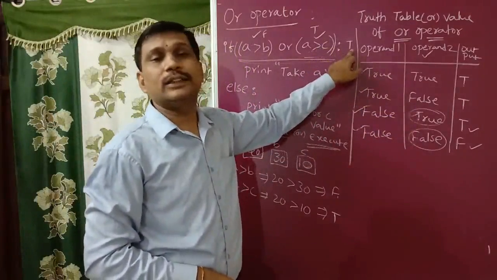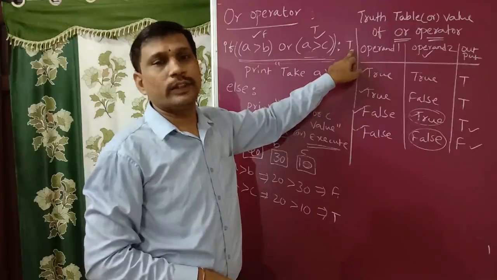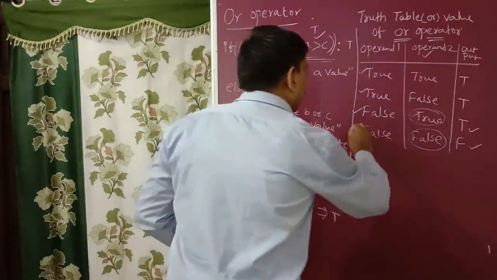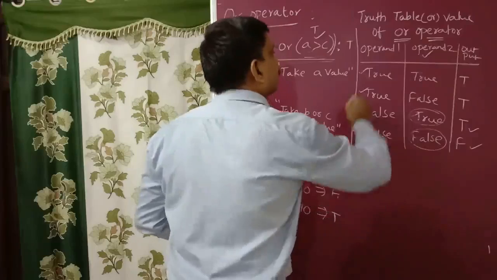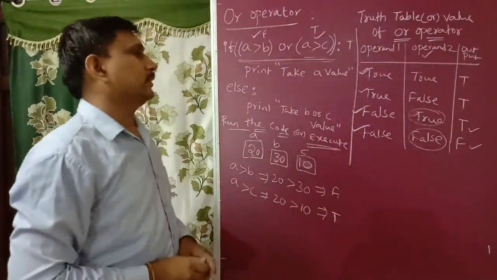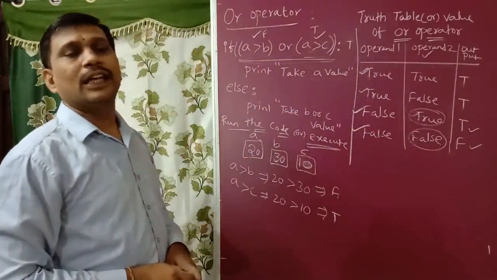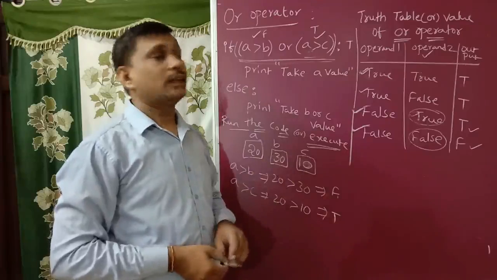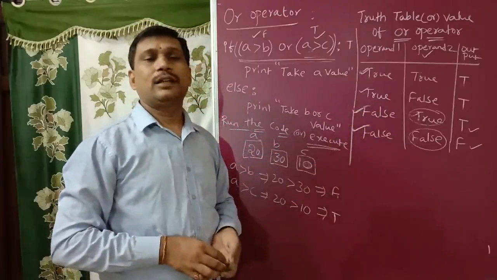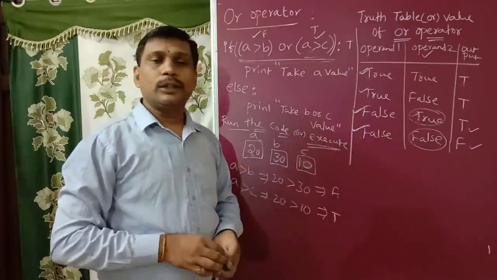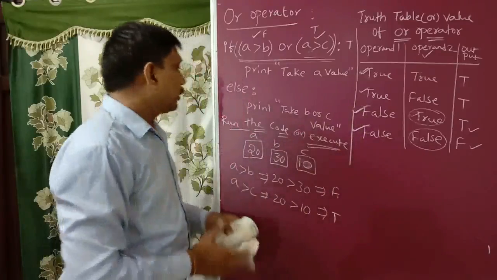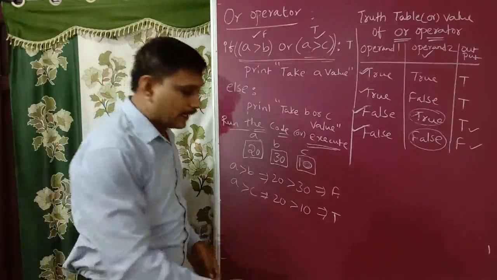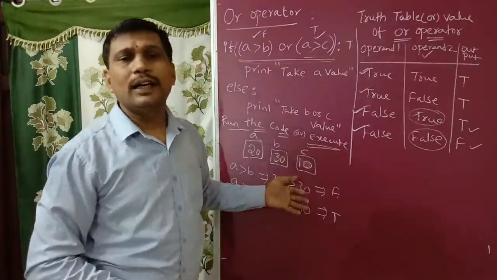That's the reason the final value of this code is true. So in this way, the OR operator works based on this truth value table. Understand each and every concept of the AND operator and OR operator.